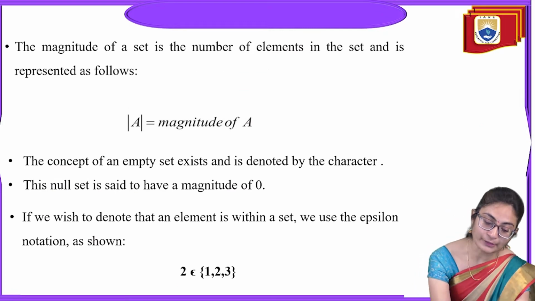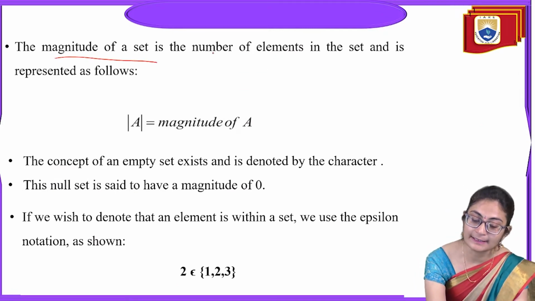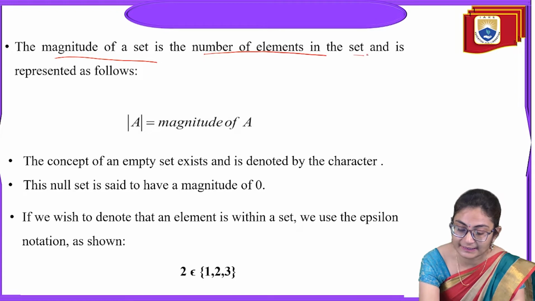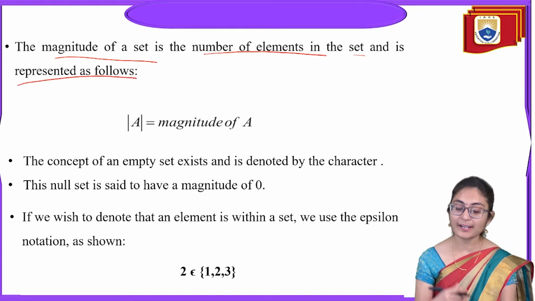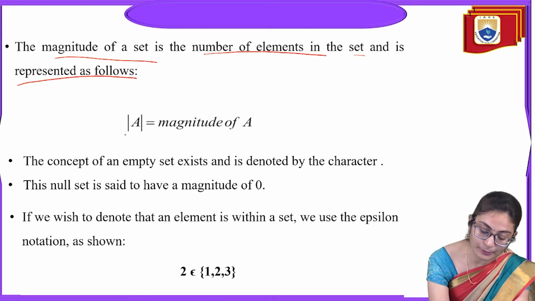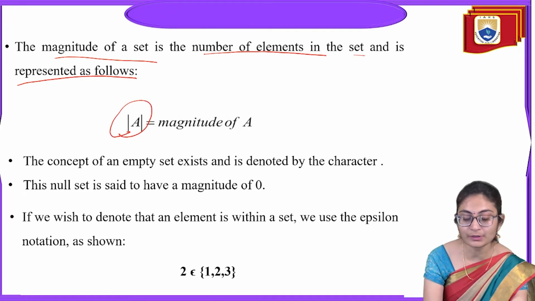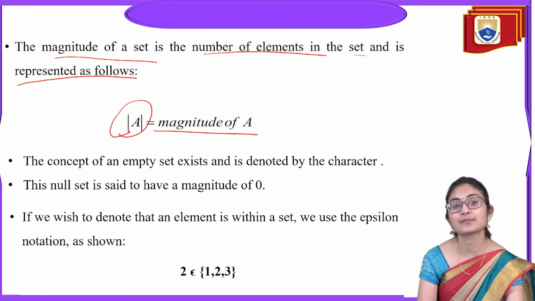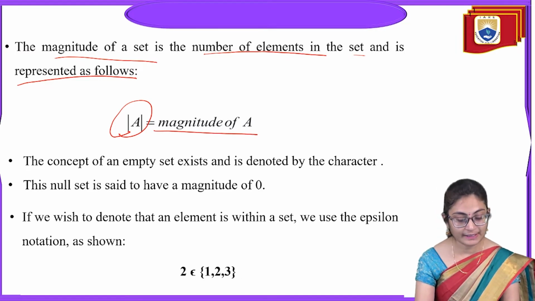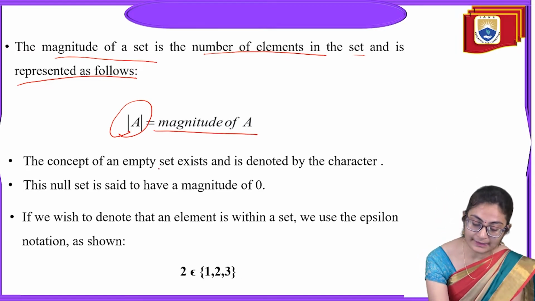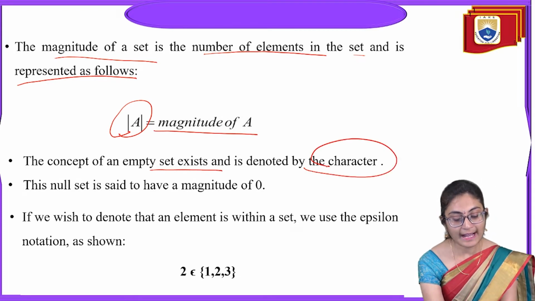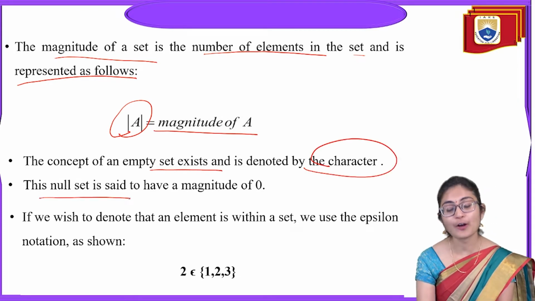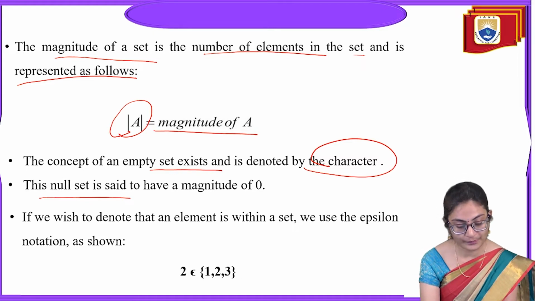Now the magnitude of a set is the number of elements in the set and is represented as follows. This is the magnitude of A. The concept of an empty set exists and is denoted by the null character, and this null set is said to have magnitude 0.